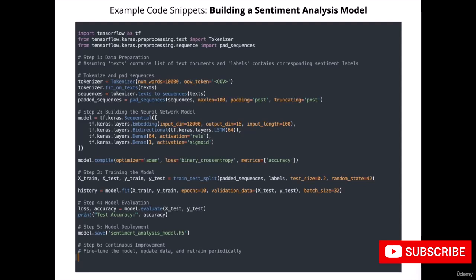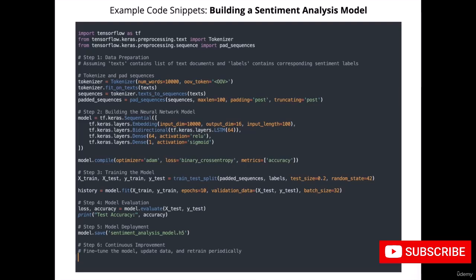Next, we'll call the texts_to_sequences function available in the tokenizer and pass text to it. Next, we'll call pad_sequences and pass the sequences, maxlen of 100, padding of post, and truncating of post, and assign it to padded_sequences. This is data preparation. Now next is building the neural network model, which we have done before.